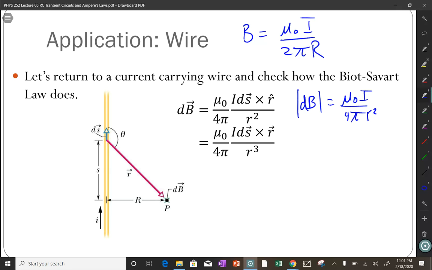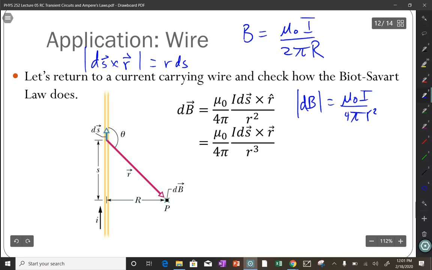And what is ds cross R going to be? R ds times sine of theta, where theta is the angle between the R vector and the ds vector, which conveniently is what theta is in this picture.